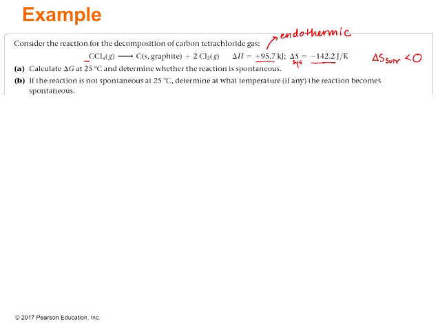Now, last time we said that delta G is equal to delta H minus T delta S. Okay.